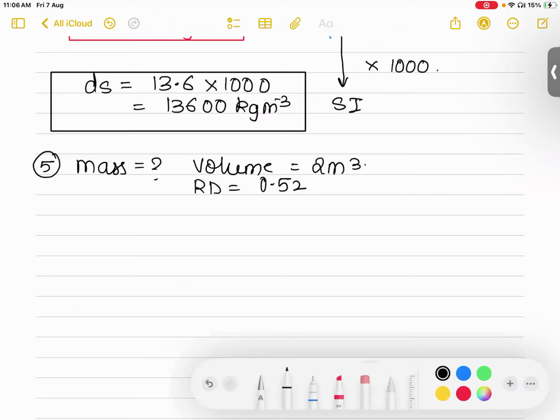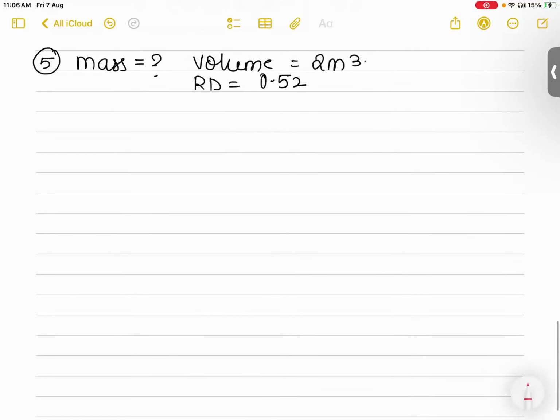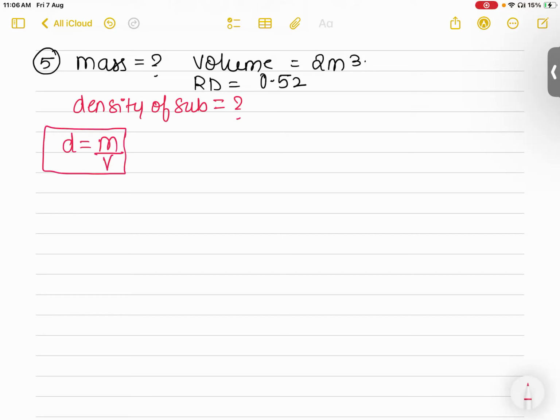So students, the trick here is we will first calculate the density of the substance, because from that density of substance we will get the mass. Reason, because density is mass upon volume, right? So to substitute everything here, students, we will try to solve it.